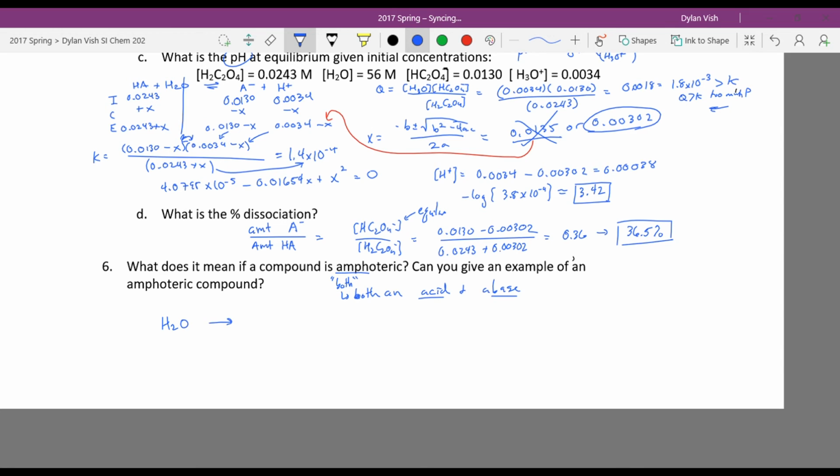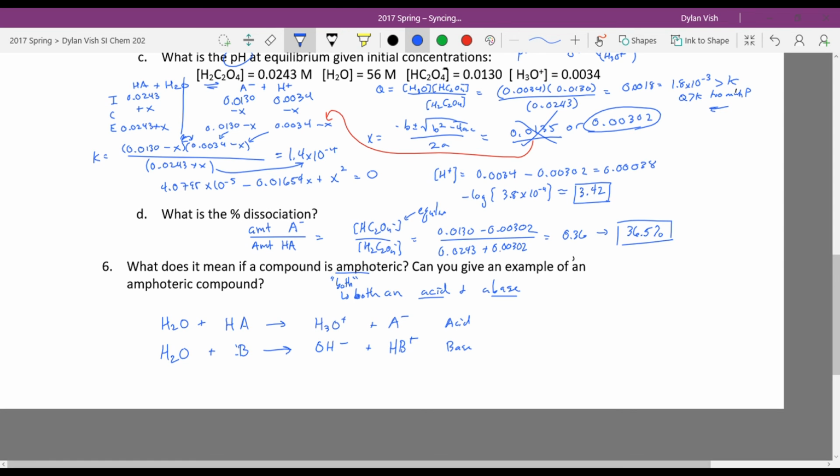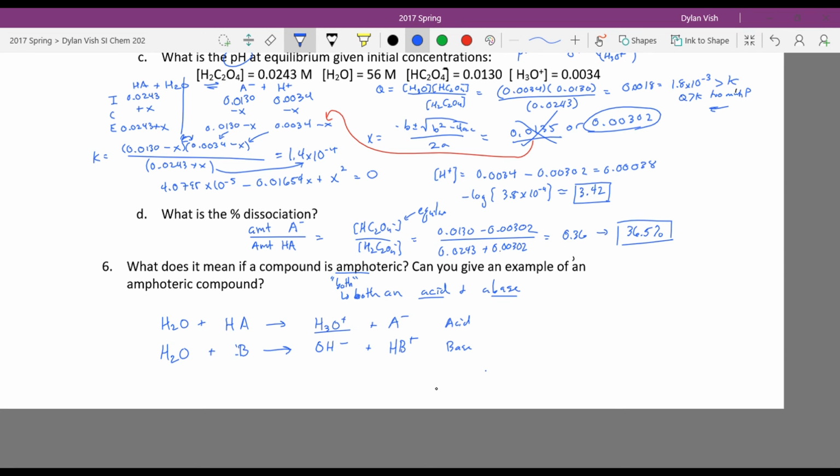Because again, if we put water with an acid, the water will act as a base and take off that proton. But if we put it with a base, water will then donate a proton, making OH minus. Then it'll act as an acid. And notice again with that original idea of H3O plus producers are acids, OH minus producers are bases.